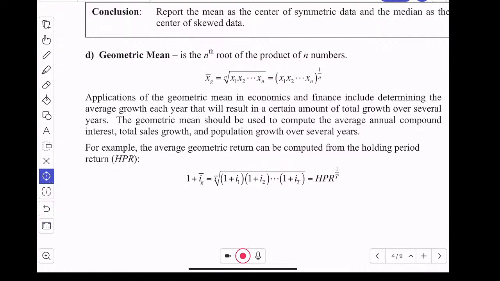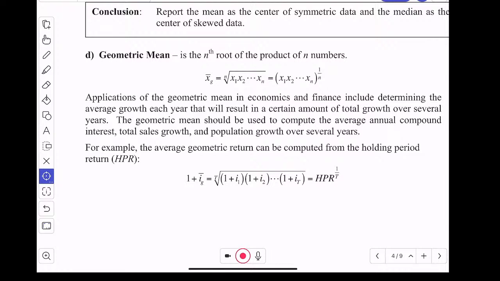If you wanted to know the return on an investment after 1 year with one rate, but then the rate changes, then this would be after 2 years with a different rate, up to T different years with T different rates. This would be the accumulation over that period, the holding period of that investment. And you could calculate the average by multiplying those and taking the Tth root.